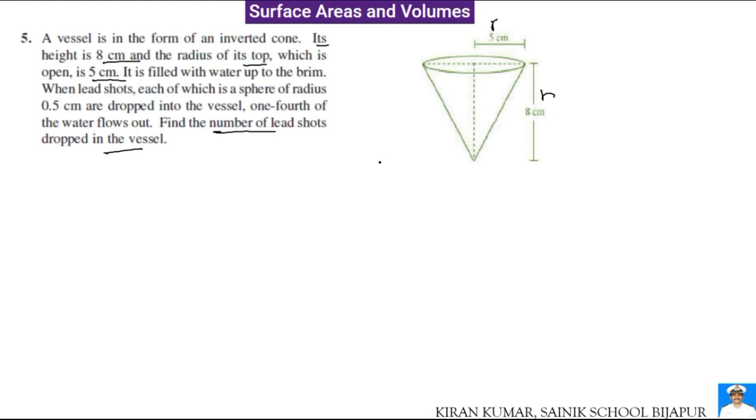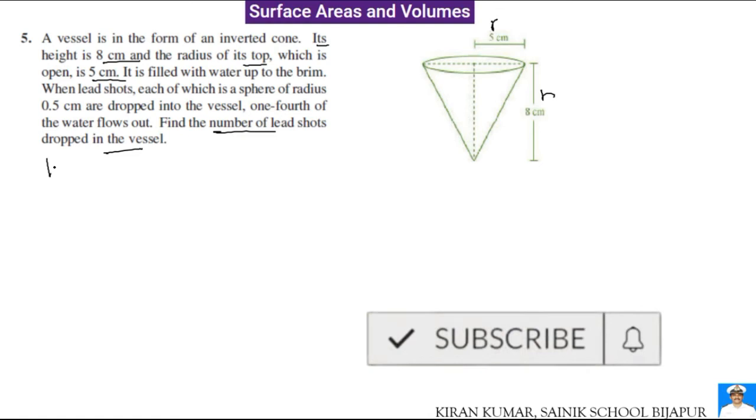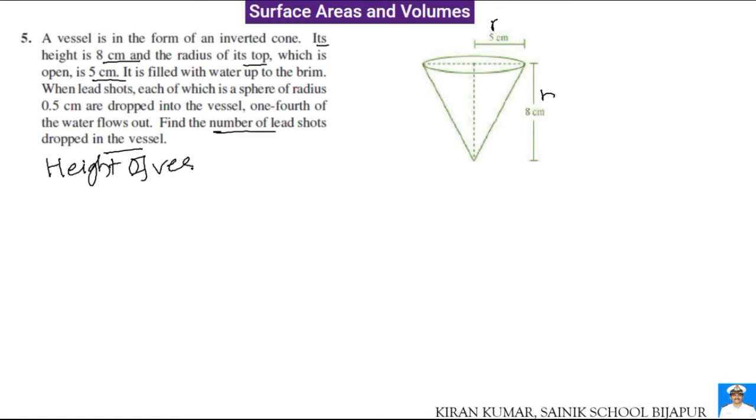They have given the radius of the lead shards, so we can find volume of the lead shards, which is spherical, and volume of conical vessel. So let me mention the height of the vessel. Height of vessel, I'll write it as small letter h, which is 8 centimeter.